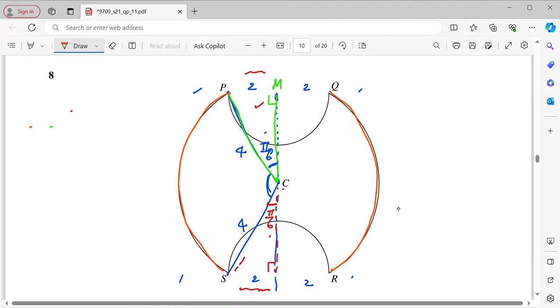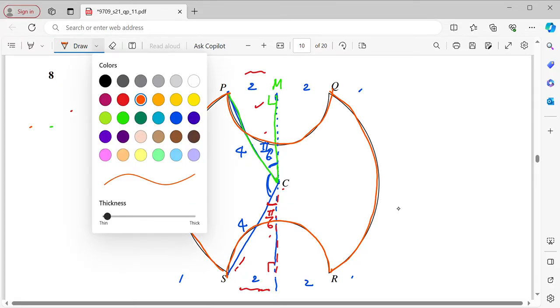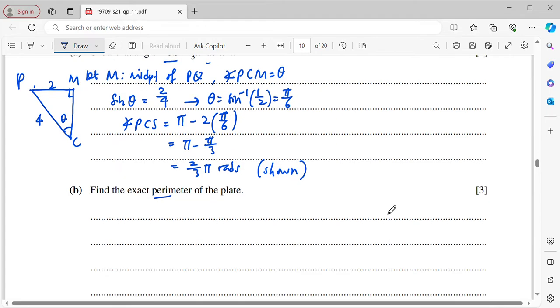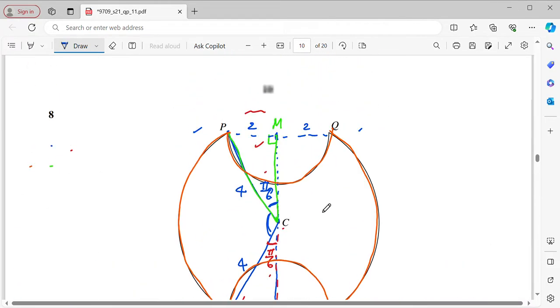And then I need to find this semicircle length. For the arc length of a sector, just for information, let's say this is R, then the arc length S is going to be theta R.